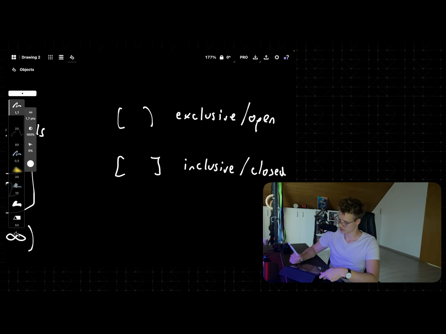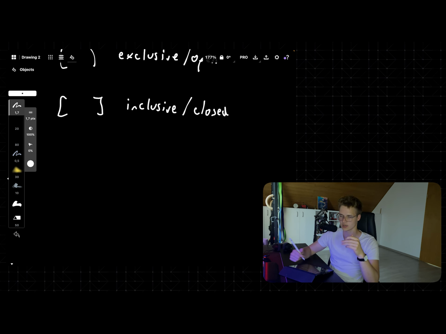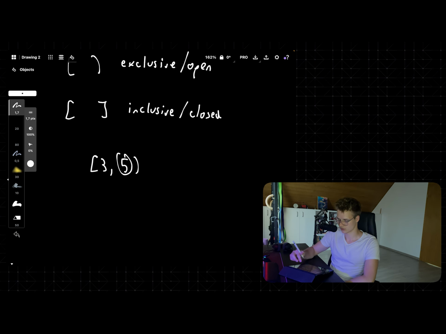Okay, so when we say, okay, we want all of the numbers from and including 3 to 5, excluding 5, we would say, so including 3 is a bracket, and then excluding 5, it's going to be a parenthesis. So from 3 to 5, you start with the lowest point and then you end with the highest point.